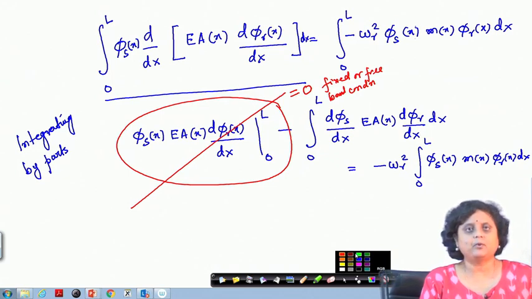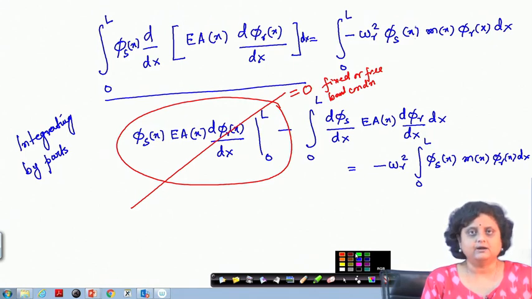So, there are two possible conditions for the boundary of a bar. One is either it is fixed or it is free.